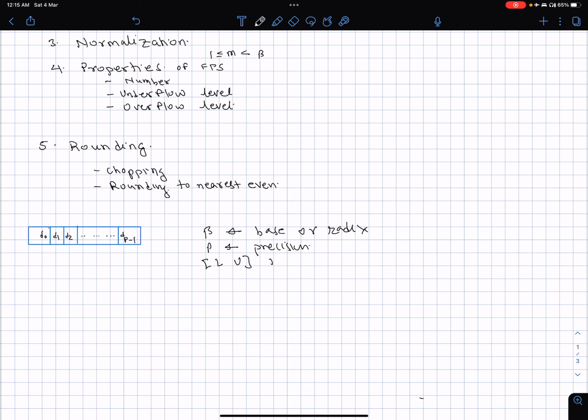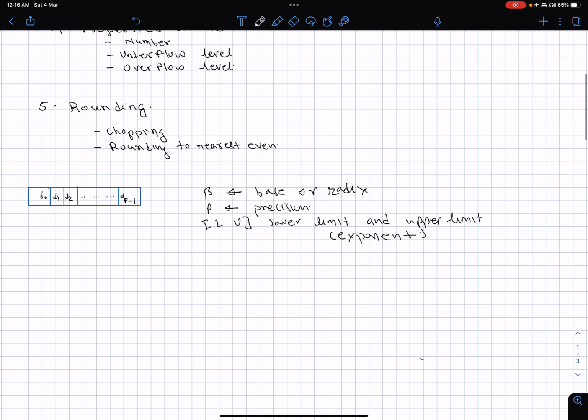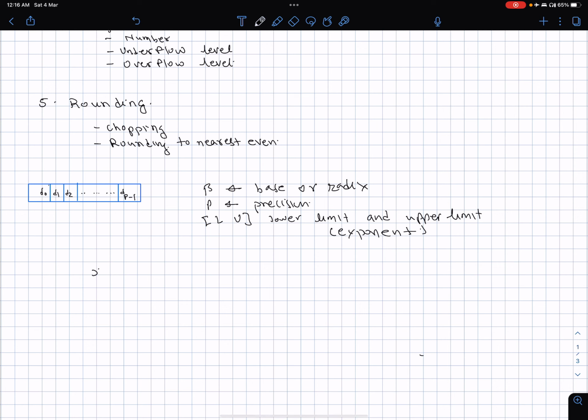L is the lower limit and U is the upper limit. This is for the exponent. So what I mean to say is this number x is represented as plus or minus; usually in a computer we will have a sign bit for this.